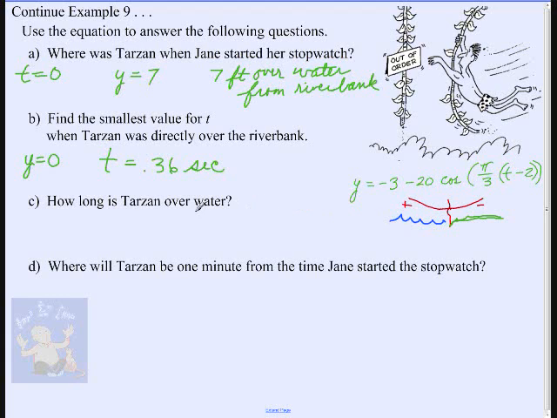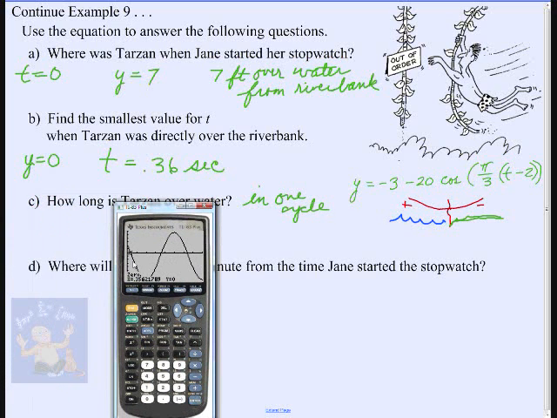Now I should actually say, I think, in one cycle. So I think we should start not here, but over here, and oops, I need to be in trace. So where is he over water? That's all the time that he is positive, right? The distance is positive.